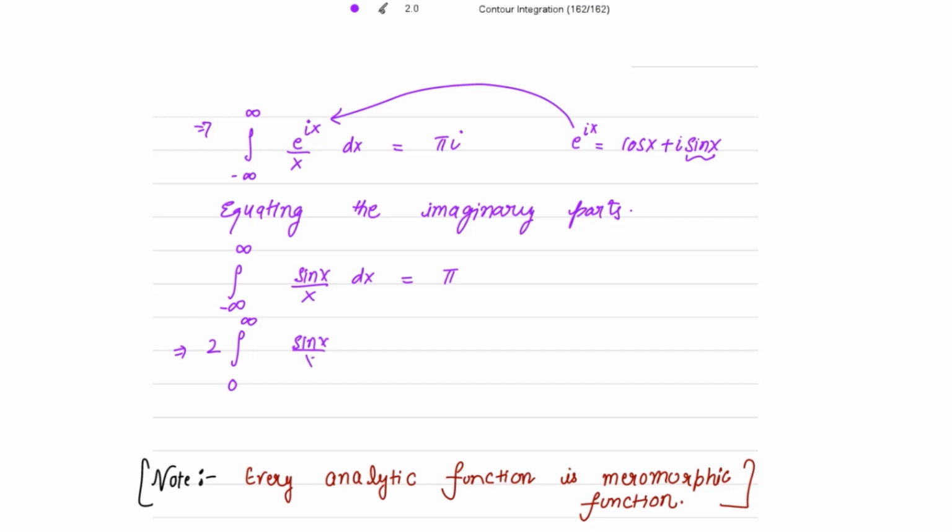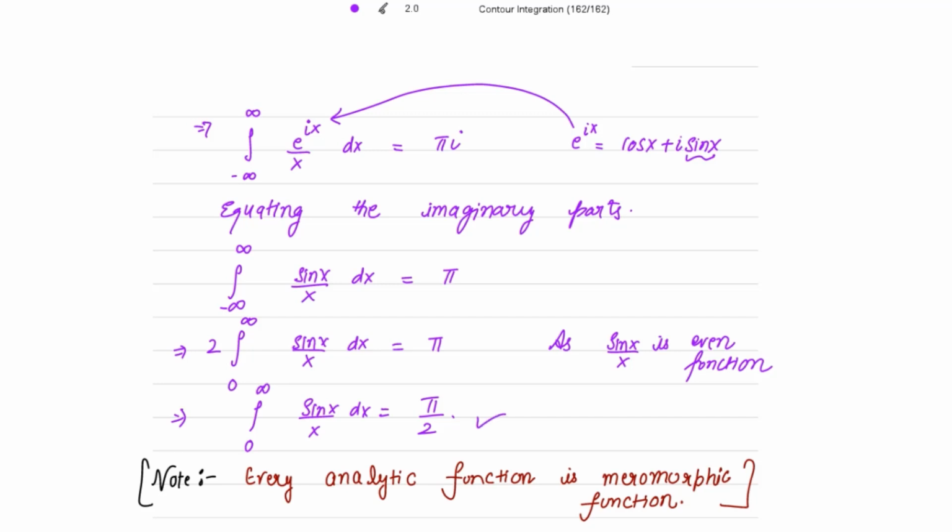Sine of x over x dx is equal to pi, as sine x over x is an even function. So finally we get 0 to infinity sine of x over x dx is equal to pi by 2. This we need to prove. So we have now proved the result.